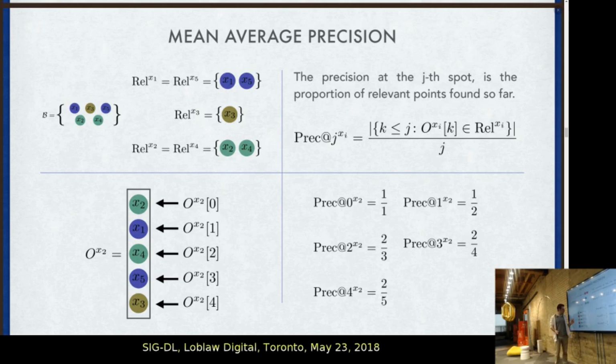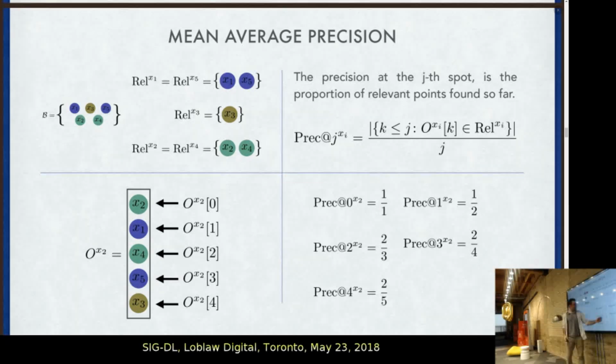For example, here the precision at 0 of x2 is 1/1. Why? Because I have only seen 1 point, and it was correct. It was in the right class. The precision at 1 of x2 is 1/2, because so far I have seen 2 things, but only the first one was correct.